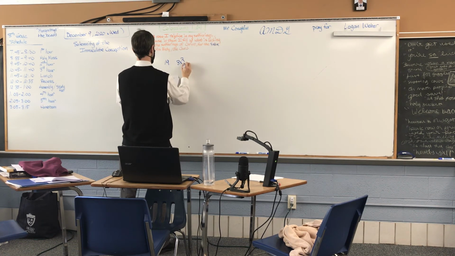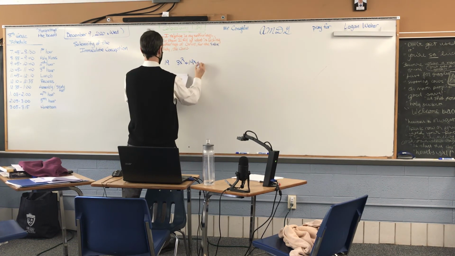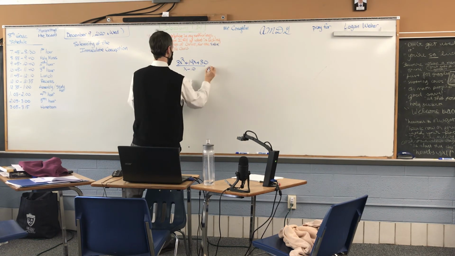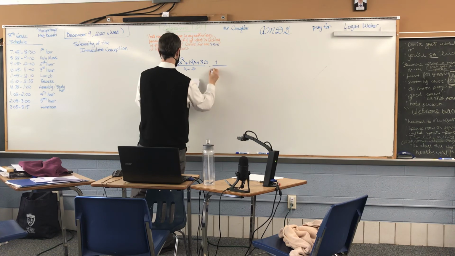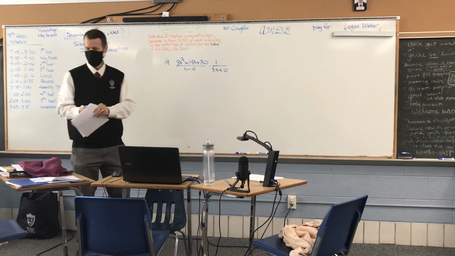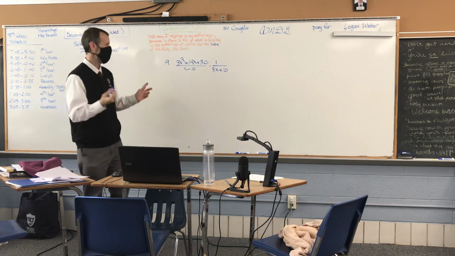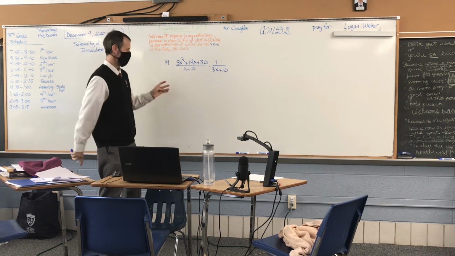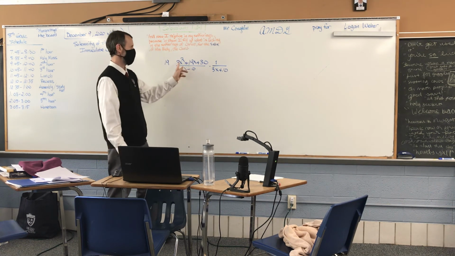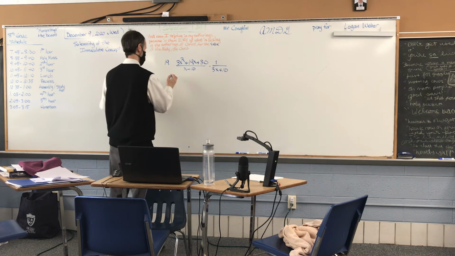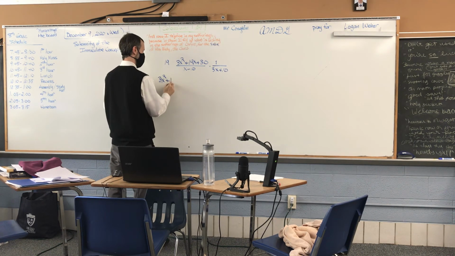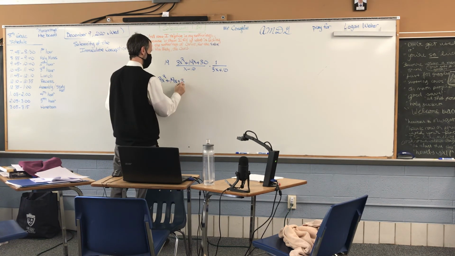We've got 3x squared plus 19x plus 30 over x minus 10 times 1 over 3x plus 10. The first thing I would do is factor anything that factors. The bottom right does not factor. I was hoping for GCF, but it doesn't work. The top, the only possible way to factor is magic pair. 3x squared plus 19x plus 30.